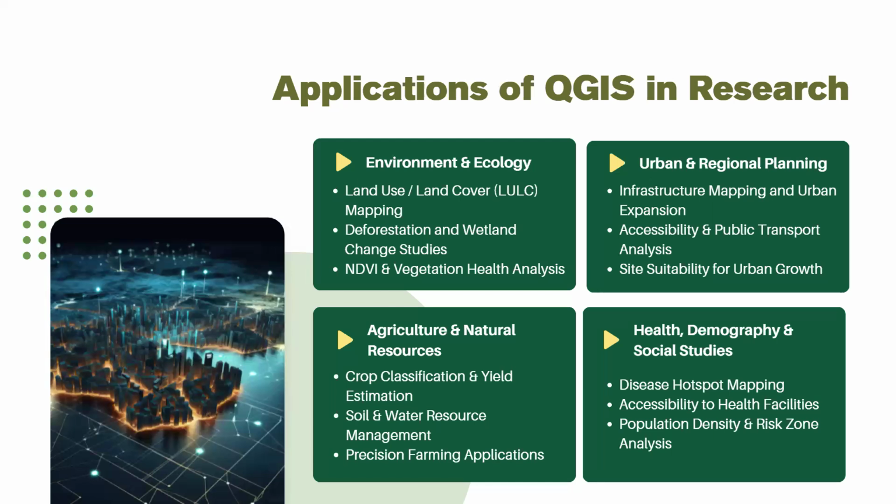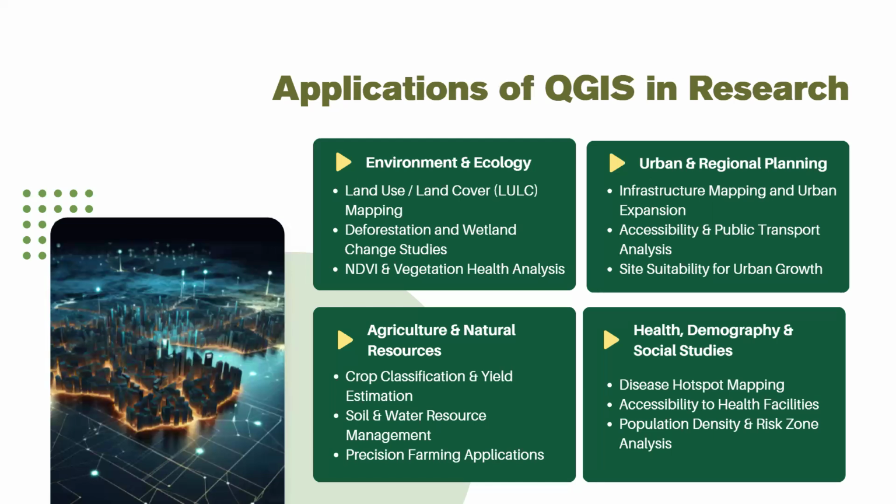Let's begin with a story from Kerala. A group of environmental researchers, this is just to relate, that's it. Researchers wanted to study how some districts have changed over the last 30 years. So they downloaded Sentinel-2 satellite images, used QGIS to classify land cover, and overlaid the district boundary and hydrological data.